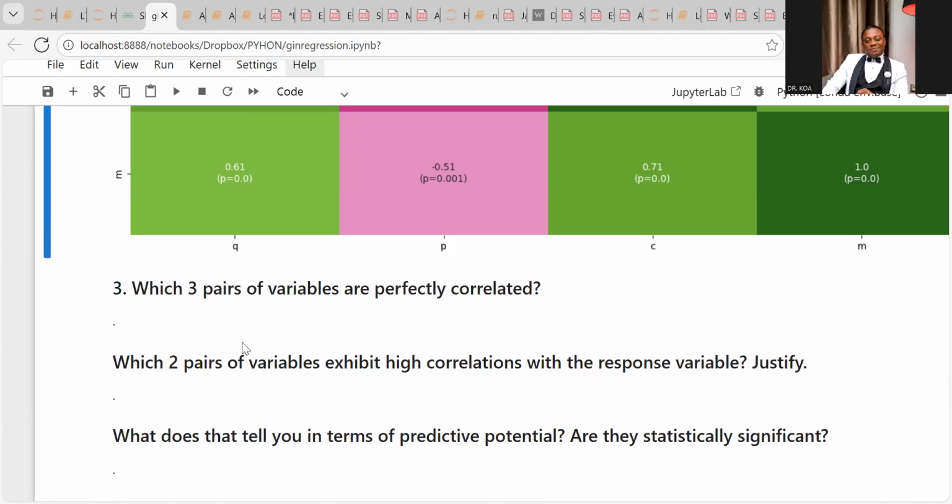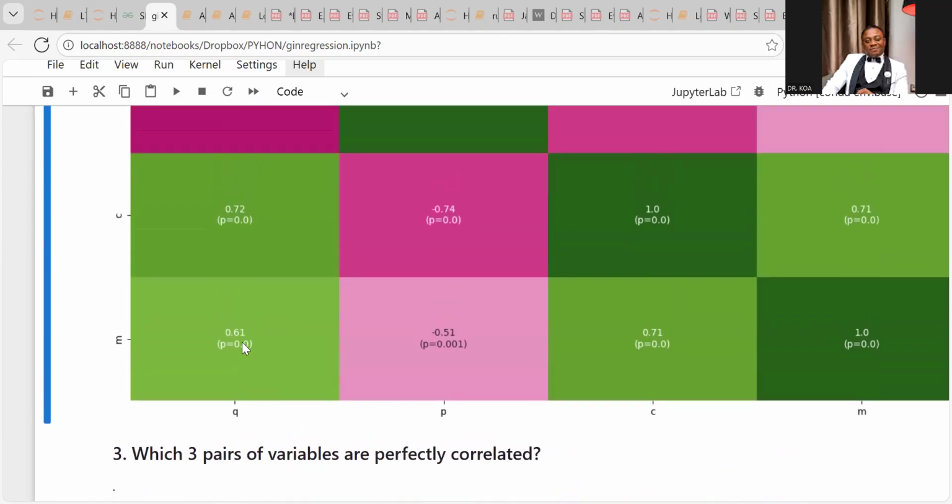So who can tell me which is the response? The response variable is also the dependent variable. So which variable is a dependent variable?